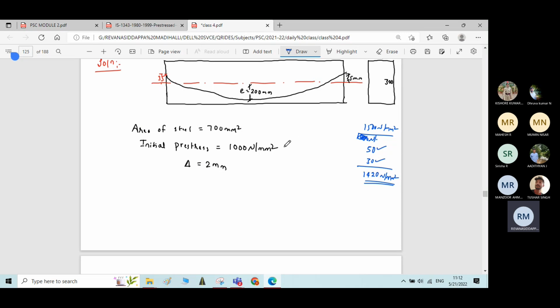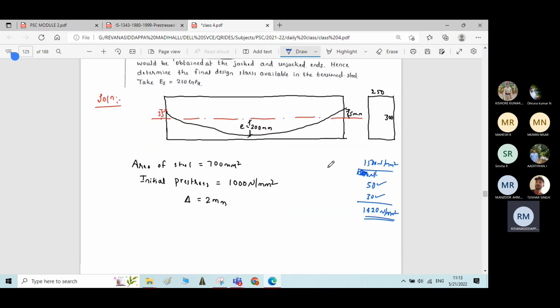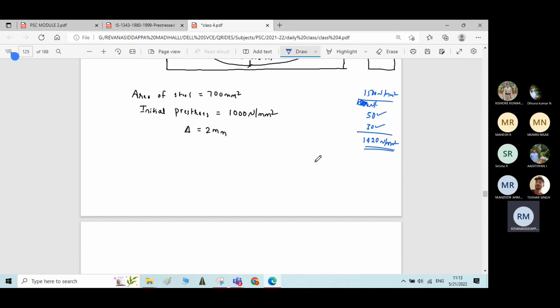In this problem, what it says is the loss due to friction and the anchorage will be overcome. Okay, F1 so as to overcome frictional resistance, and loss due to anchorage. If you want to overcome loss due to frictional resistance and the anchorage, you must apply the initial stress including this loss due to friction and the anchorage.